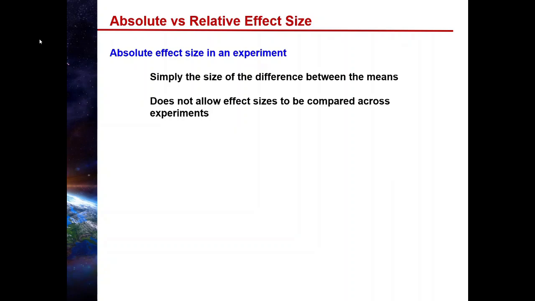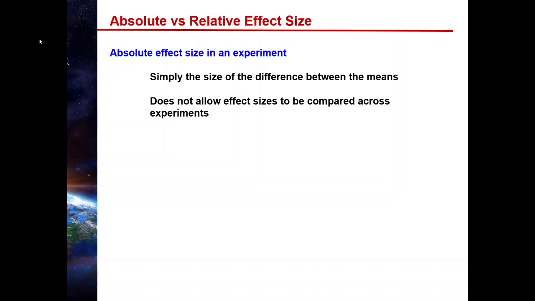All right. Now, this is a very good way of looking at effect size, only there is a problem here, and the problem is that when you calculate the effect size in your experiment, you can't compare it directly to the effect size that somebody else found in another experiment. All right, so even though you may be testing the same variables, let's say you're looking at whether or not people who drink coffee live longer than people who don't drink coffee.